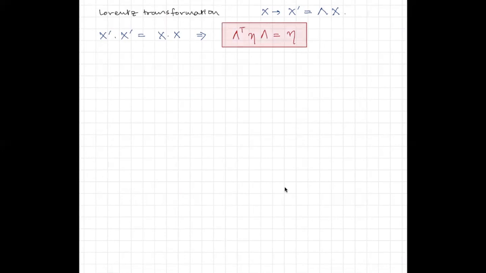All right. So this defines a Lorentz transformation.